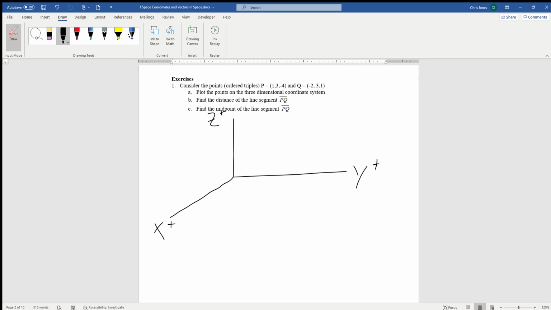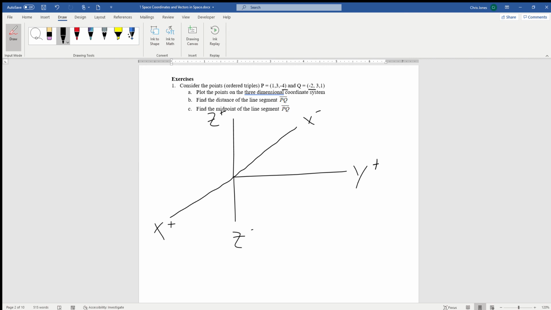I want you to notice that we also need an x negative and a z negative to plot this correctly. So I'm going to extend the x-axis, and this is our x minus. I'm going to extend the z-axis, and this is our z minus. And we're just going to plot the points right on the plane.